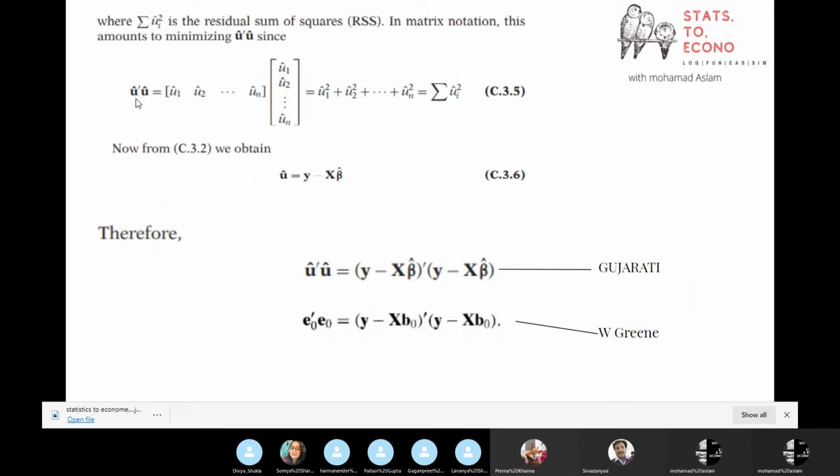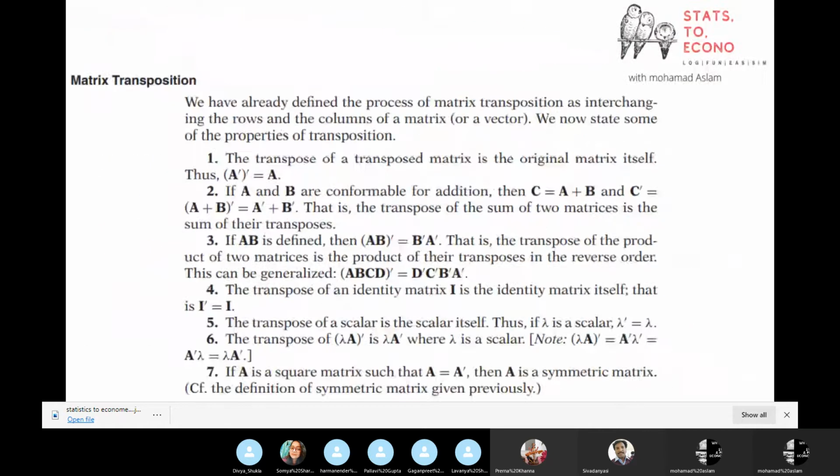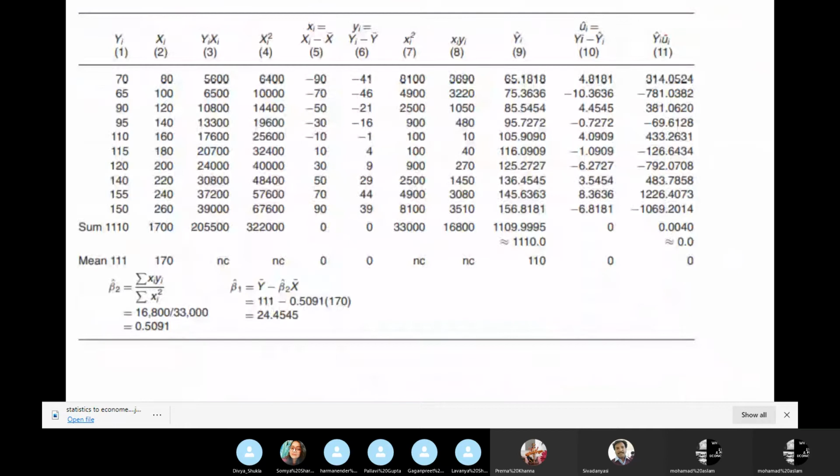The reason is that, just keep in mind, summation u hat square is one single value. It's not n number of values. If you take the square of this u hat and take its summation, then you will get one single individual value. It's not that you have matrix type of values.